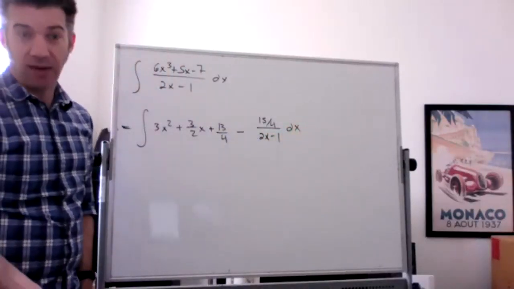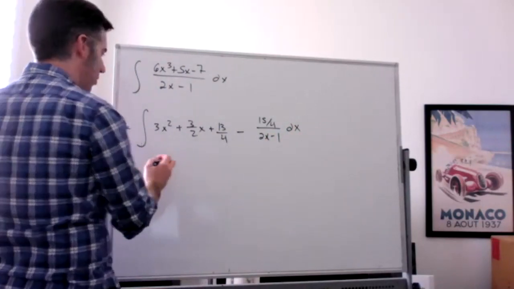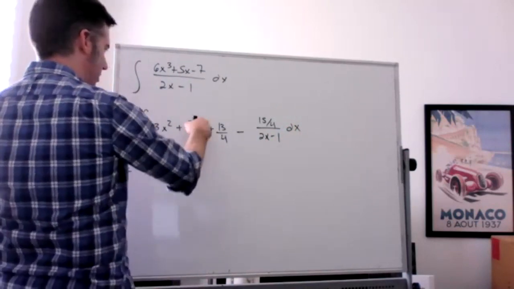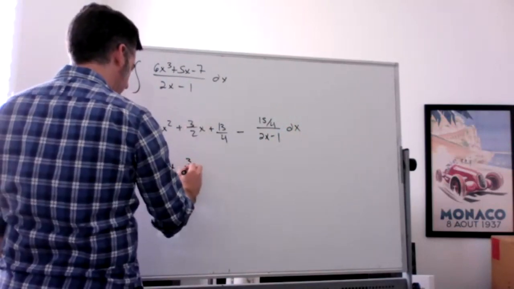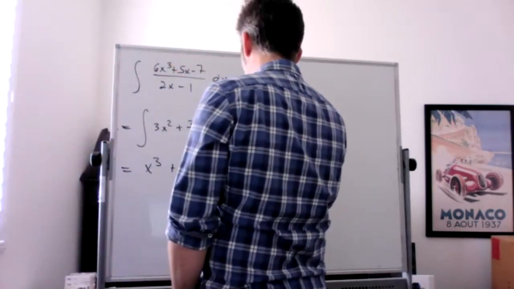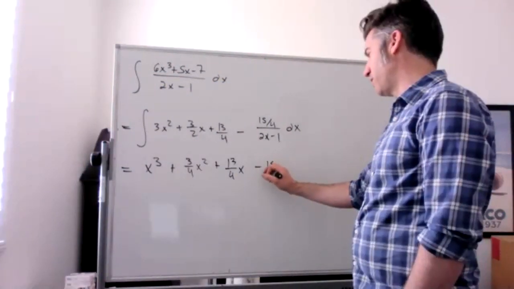Okay, now we can integrate. So we're going to get 3x cubed over 3, plus 3 halves x squared over 2, or 3/4 x squared, plus 13/4 x. And then here, we're going to get minus 15/4, right?